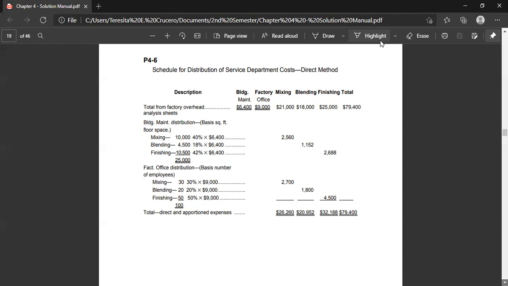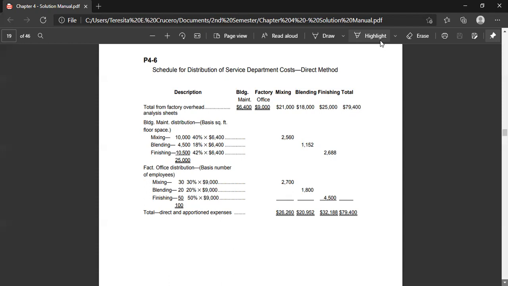During the months of June, the following factory overhead was incurred for the departments mixing, blending, and finishing, and with factory office and building maintenance. The basis for distributing service department expenses to the other departments follow.